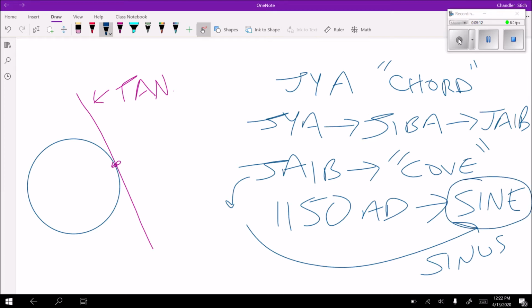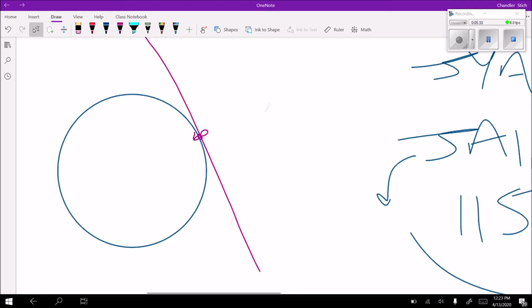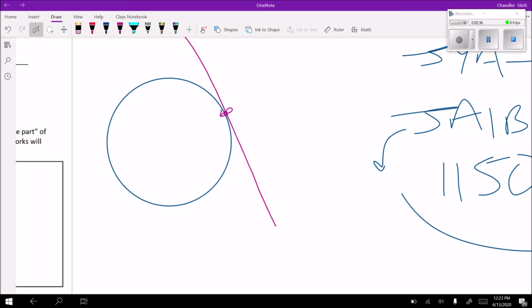But at the end of the day, what does it mean? It means cove. It was mistranslated year after year over the course of 1,000 years or whatever it is, and sine means chord. Well, let's think about what a chord is. A chord of a circle is nothing but a segment that touches 2 points on the circle.